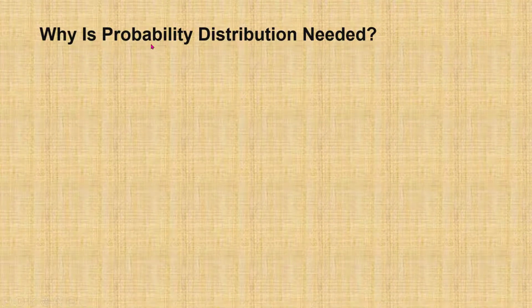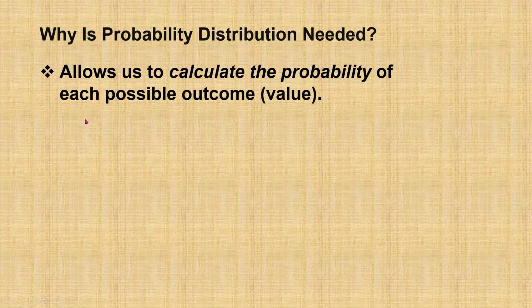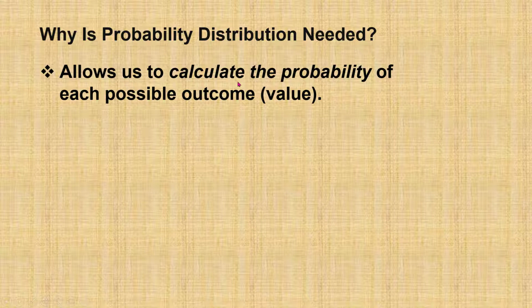Now we have learned the probability distribution. Then, what is so important about probability distribution? Actually, we can use the probability distribution to calculate the probability of a certain event.